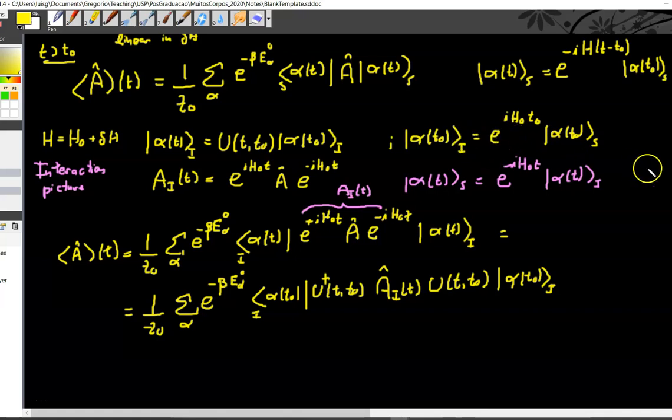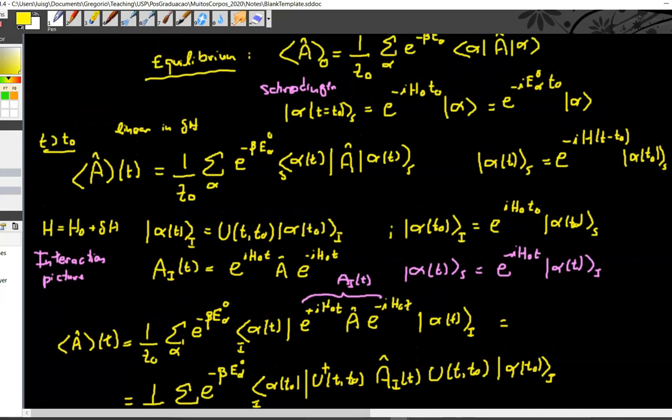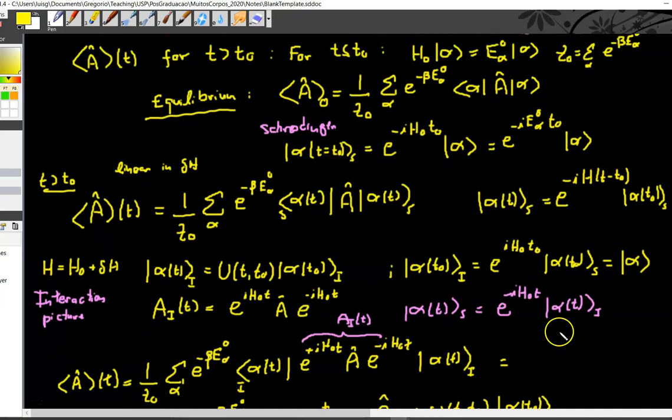Okay, this guy is simply the Schrödinger operator at t equals 0, and we know that the Schrödinger operator at t equals 0 is e to the minus i H naught t0 times alpha. So this e to the minus i H naught t naught times this gives me 1, and all I'm left with is the state alpha, which is the state in the Schrödinger representation at t equals 0 if you want, which is precisely this.